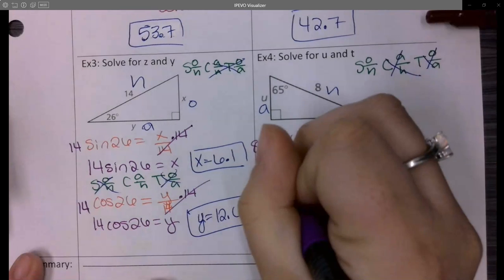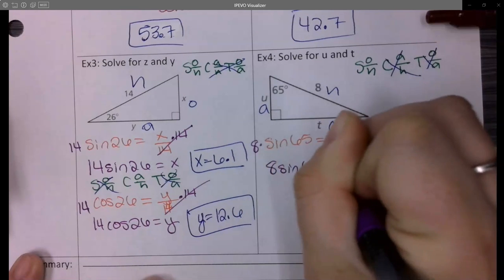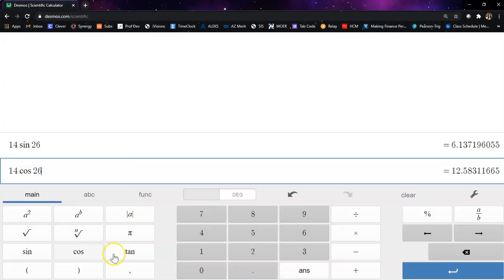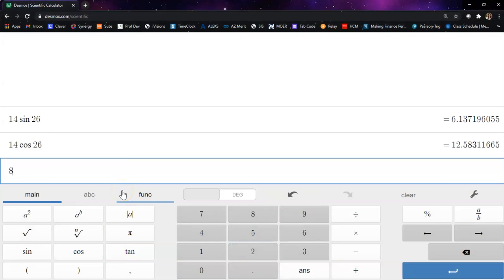Which will give me 8 sine 65 equals T. Then I'm going to go ahead and type this into Desmos. Which gives me 7.3.